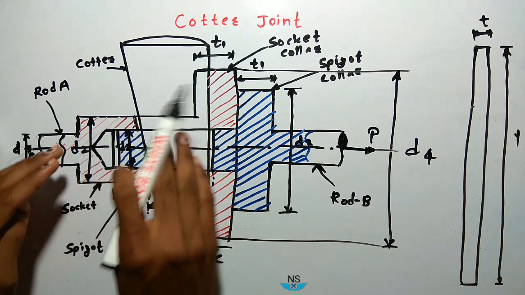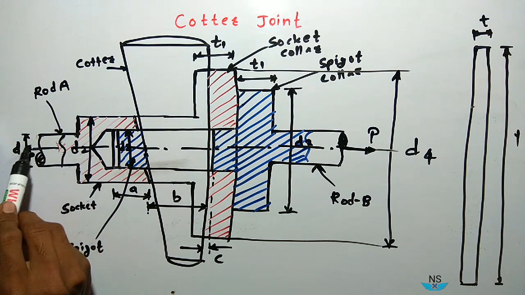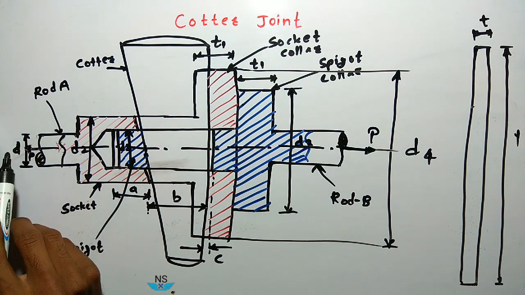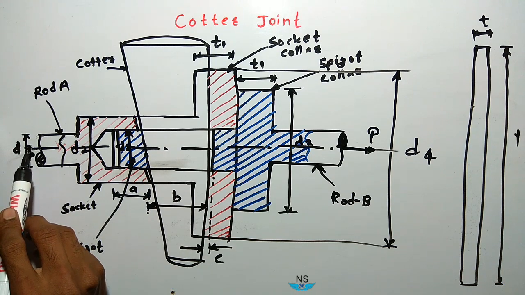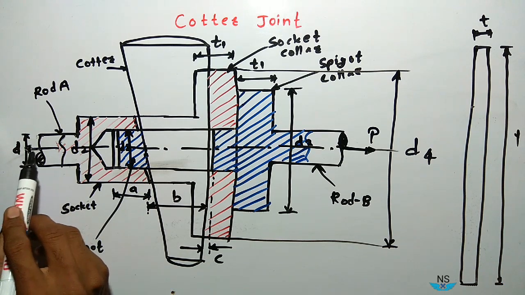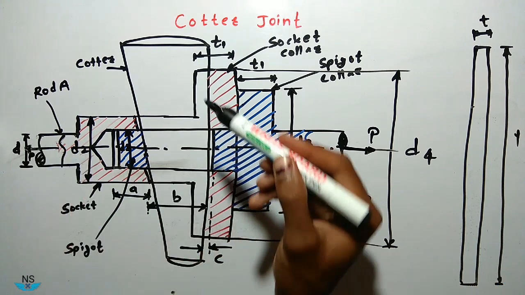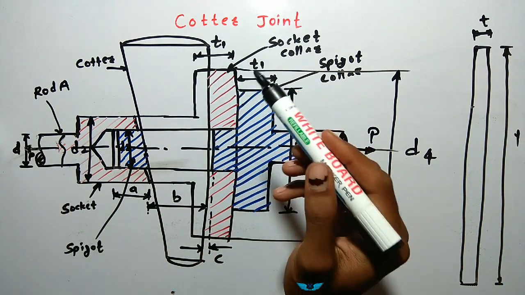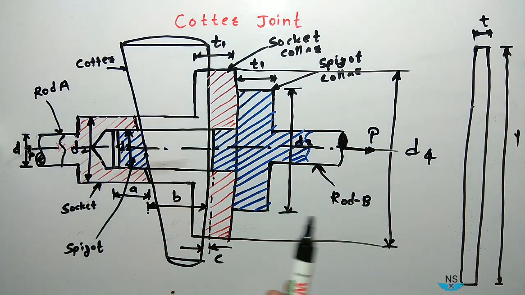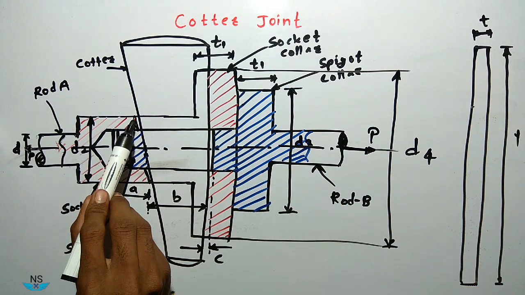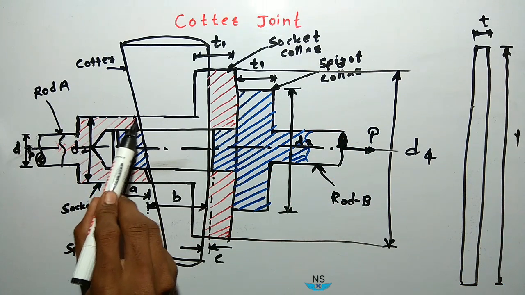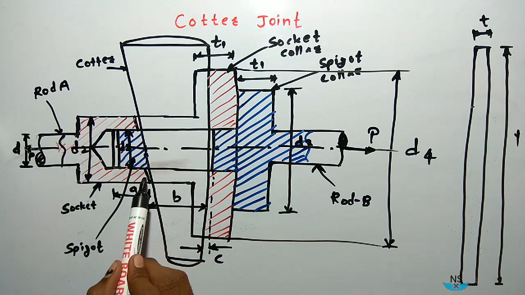Now let us see the socket first. So this P force is acting on this socket rod. How can we balance this force? Let us see where the cutter touches the socket. At this section you can see there is clearance between the cutter and socket.